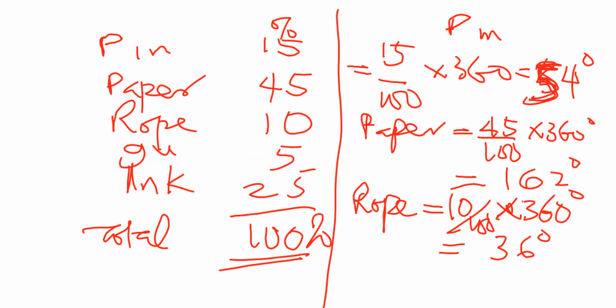Good. So the other one is 162, and this one is 36 degrees. Next is gum. Gum is 5%.